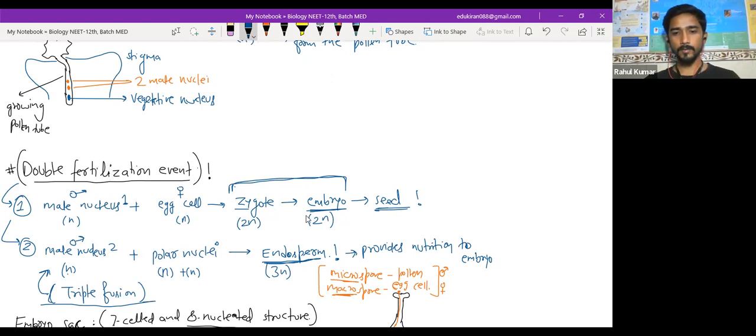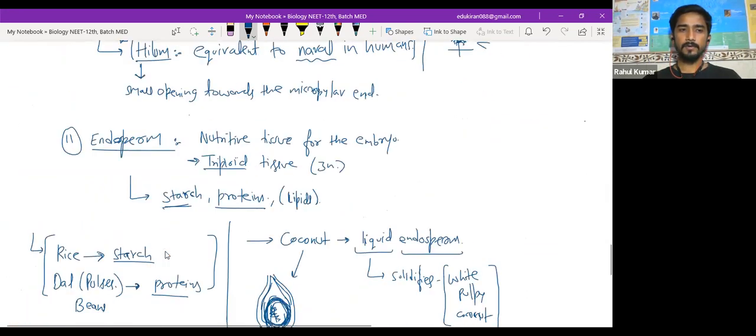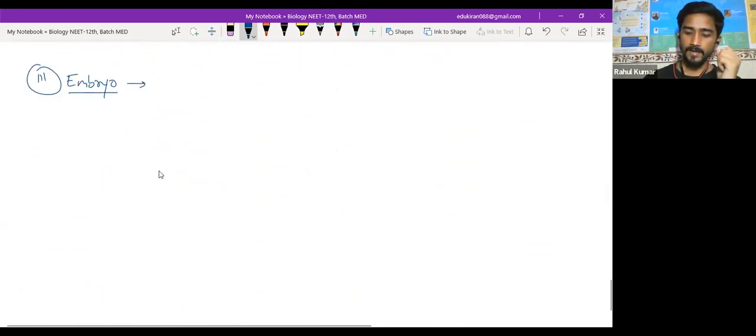So now I'm going to talk about the embryo. Embryo is the most important thing, very clearly, because this is going to be the next plant. Write down, start writing some points. Embryo is the most important part of the seed.